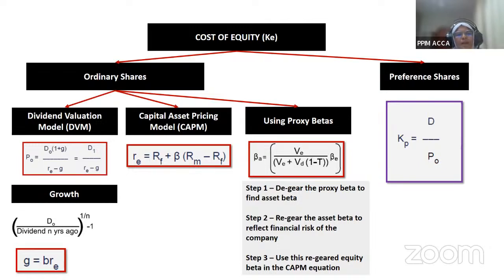Now, if you have to find out the cost of this equity, meaning how much return the equity holders are expecting from me, then there are different ways in which you can make that calculation. Basically, the percentage. Now, for a bank loan, for example, we know exactly what is the cost of that debt.